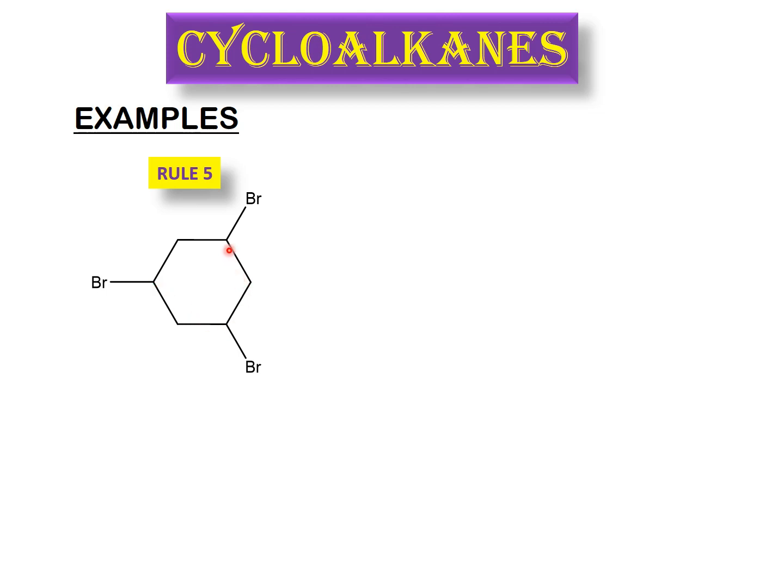So again, the sum is 9. If you start from here and proceed in this direction, 1, 3, 5, again it's equal to 9. You start from here and proceed in this direction, 1, 3, and 5, again it is 9. And same is the case for this bromine. You start from here, 1, 3, 5.